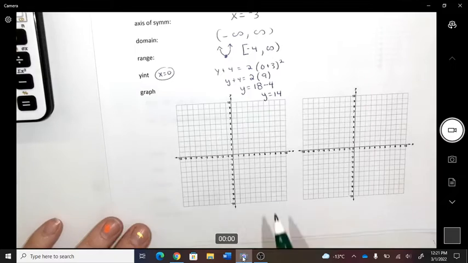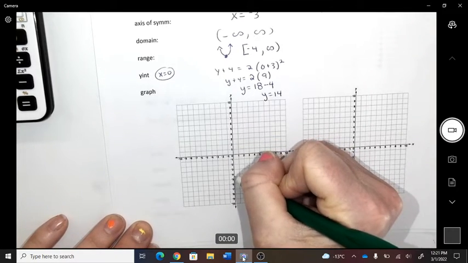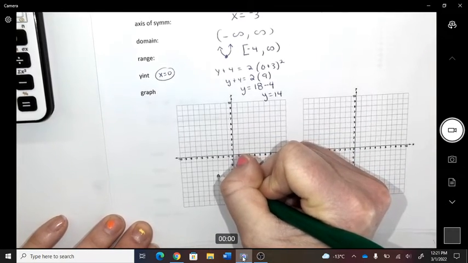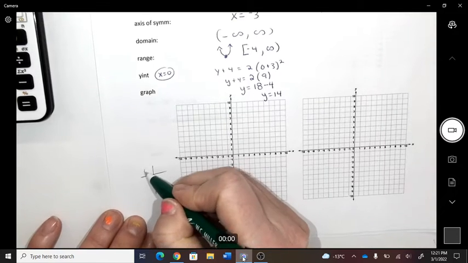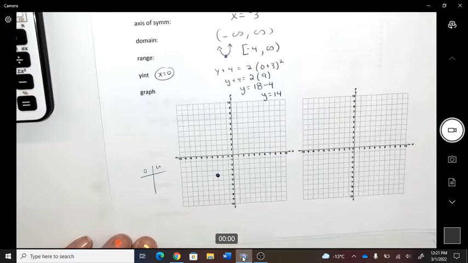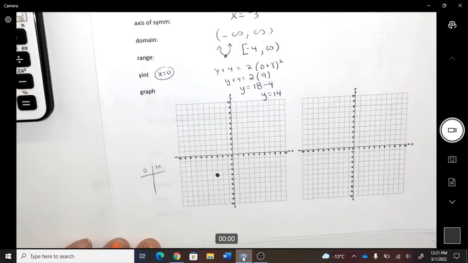Okay, so let's do a little graph here, -3, -4. Okay, on the side, I'm just going to give myself a little chart here.